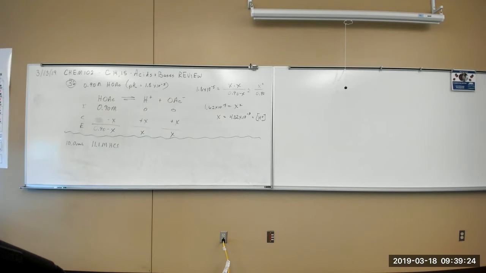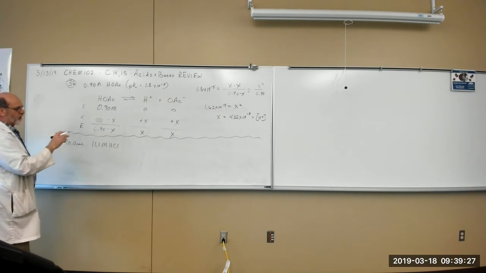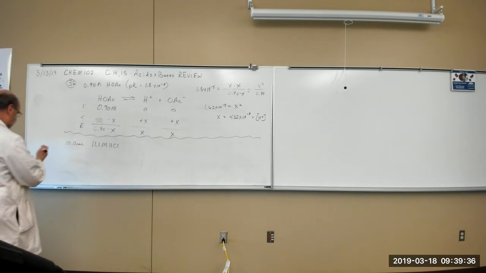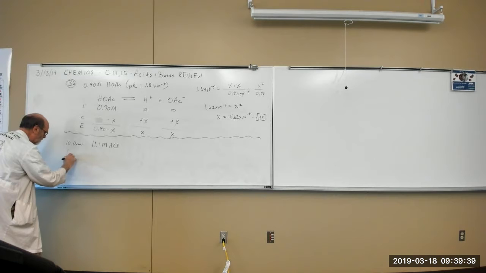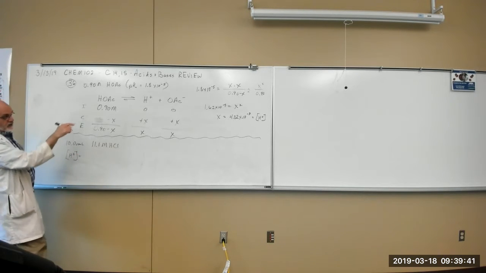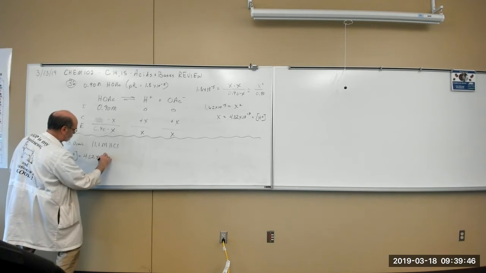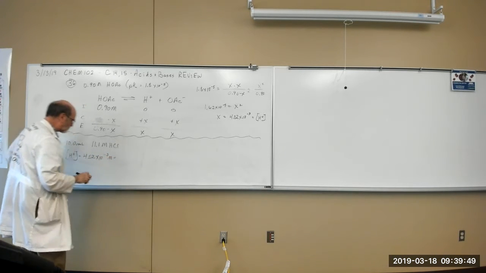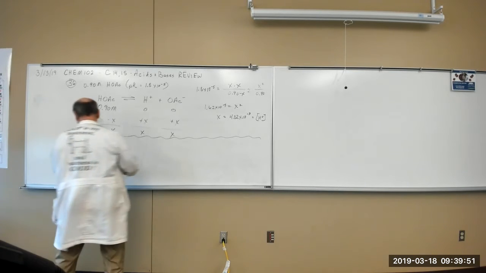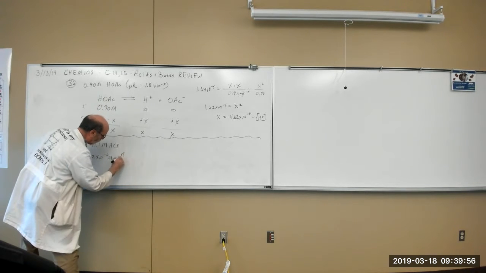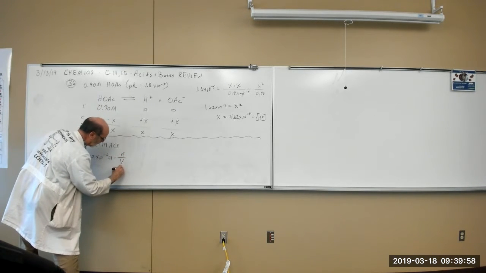So what we do is we set up the definition for the hydrogen ion concentration, which needs to be that value. And then that needs to be moles per liter, right? So it's moles per volume in liters.